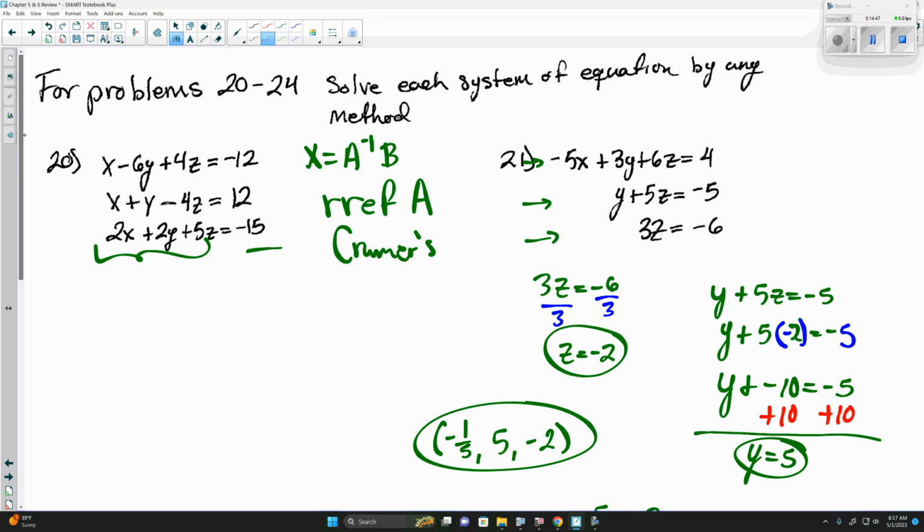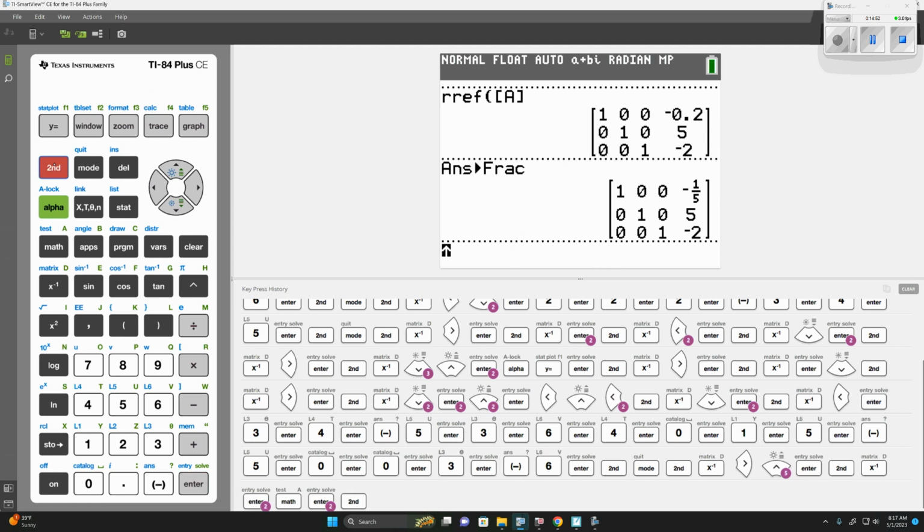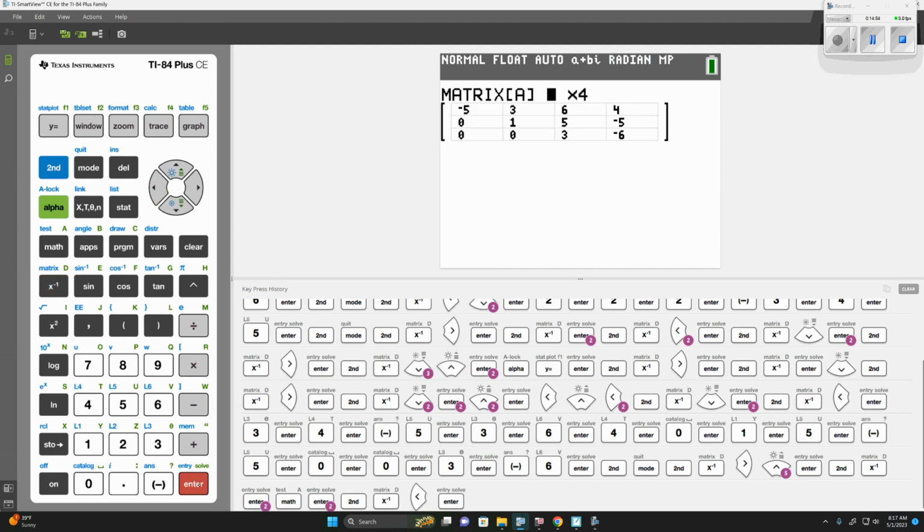We could do the same thing for the first one. We can grab the calculator, go second matrix, over to edit. It's still 3 by 4, but this time we have different entries.